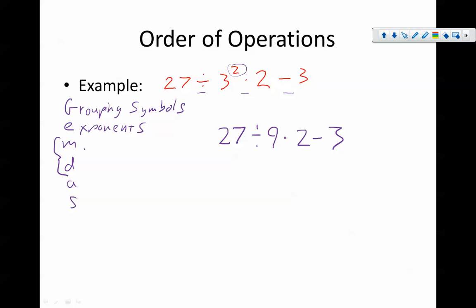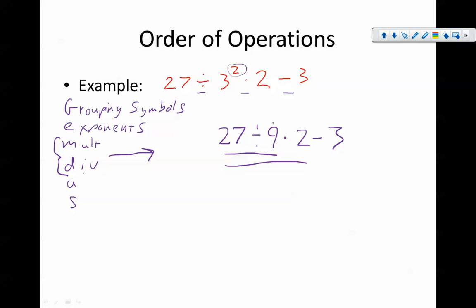And again, the multiplication and division, we're going to work left to right. So working this left to right, I have 27 divided by 9 and I have 9 times 2. It is important that I work the 27 divided by 9 first, and then what I get left from that, I multiply by 2.